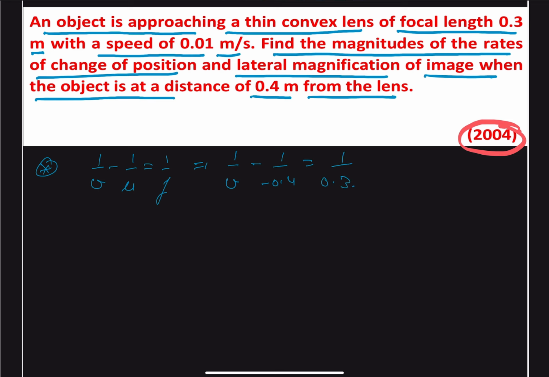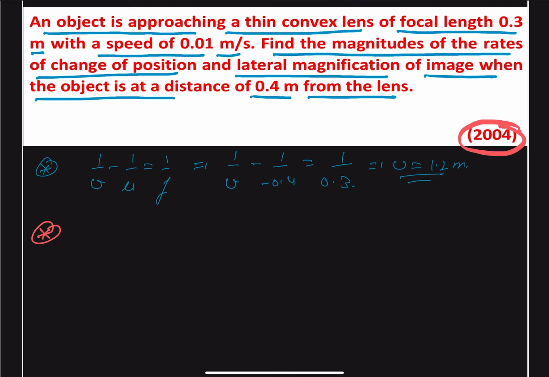This gives us that our image, that is v, is at a distance of 1.2 meters, and these are the fixed positions of the image as well as the object. Now we want that our image is having a velocity. So we have to find that.